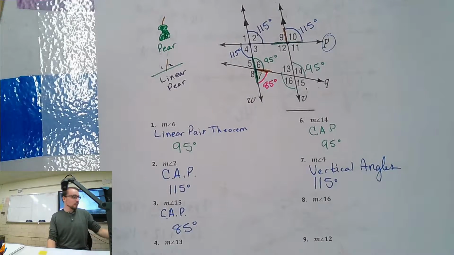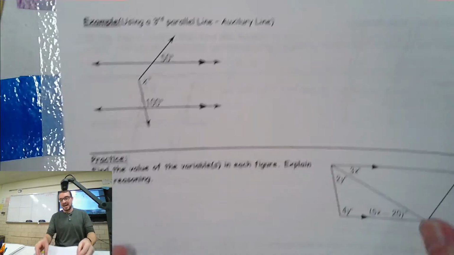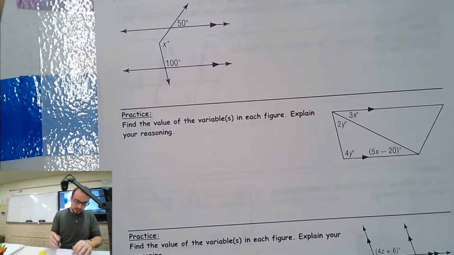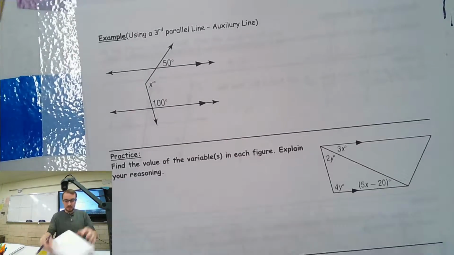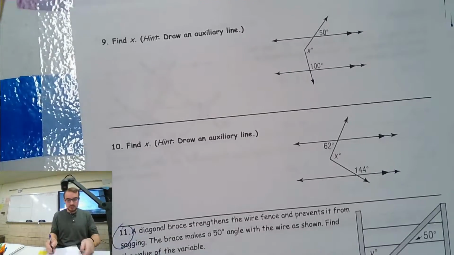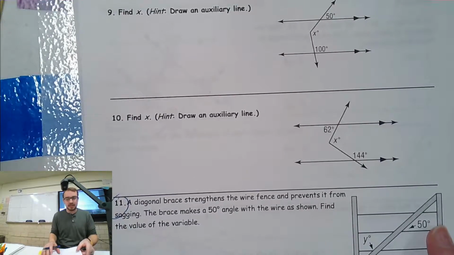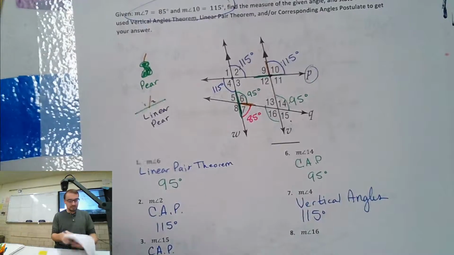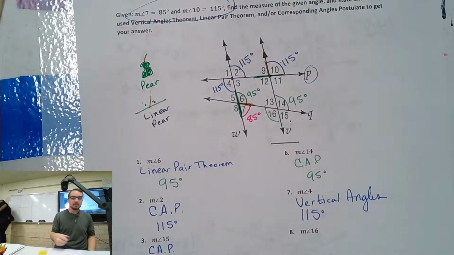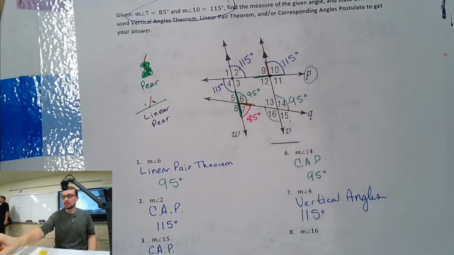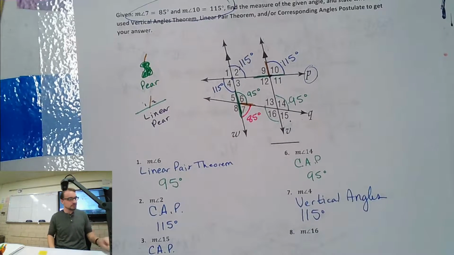I did not assign, and I did not ask you to do. Oops, that's not the last page. 11. Did I assign 9 and 10? I think I assigned 9 and 10. I did, yeah. 11, I'll give you free on 11. I'm a merciful God. All right.